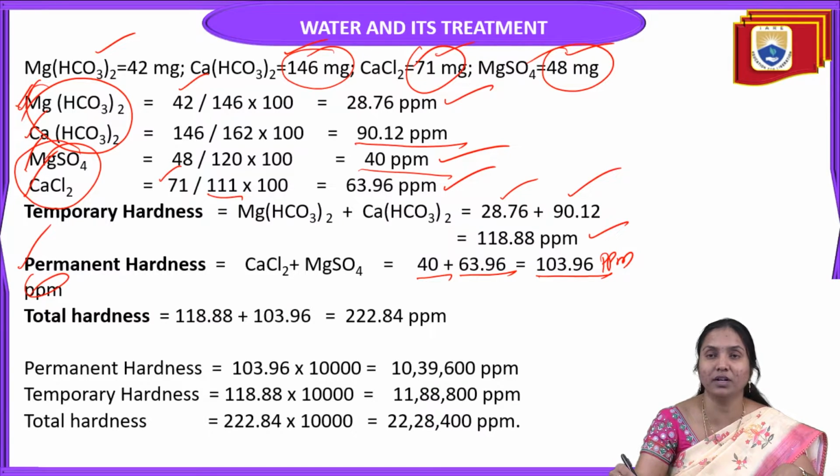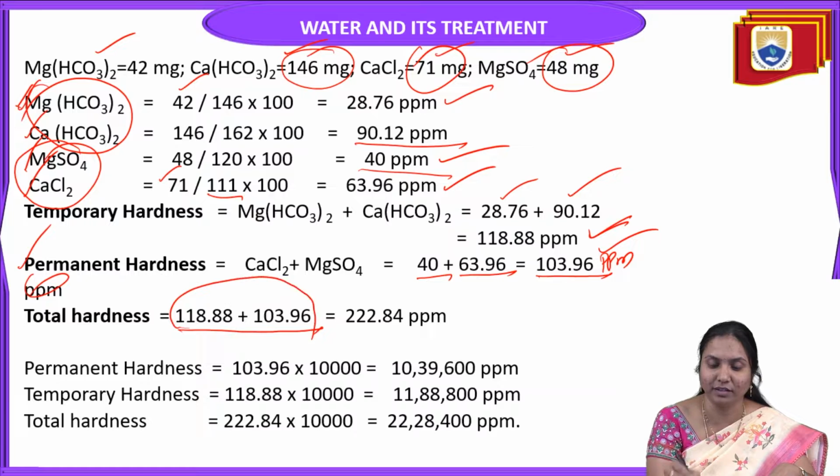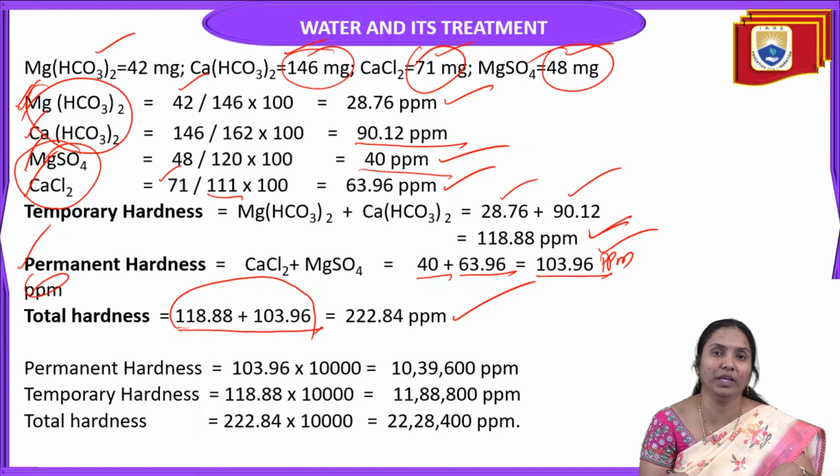Temporary hardness is 118.88, permanent hardness is 103.96. So 118.88 plus 103.96, after addition, is 222.84 ppm. So the total hardness of the given water is 222.84 ppm.